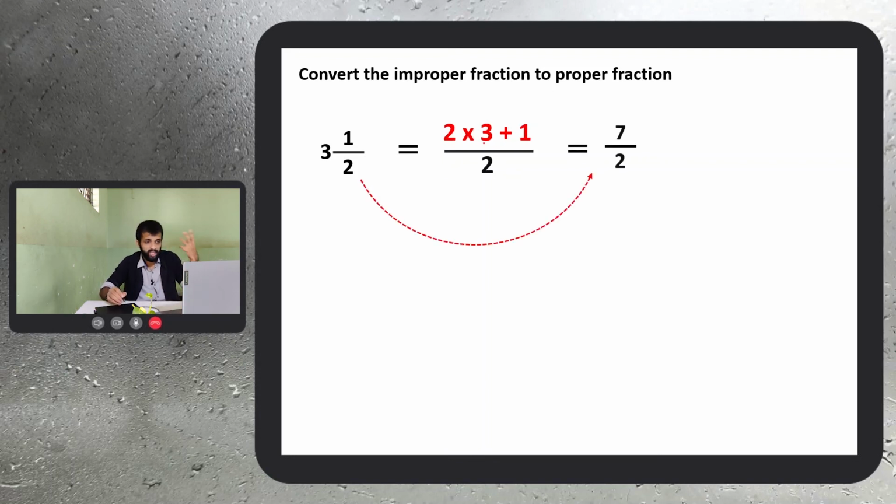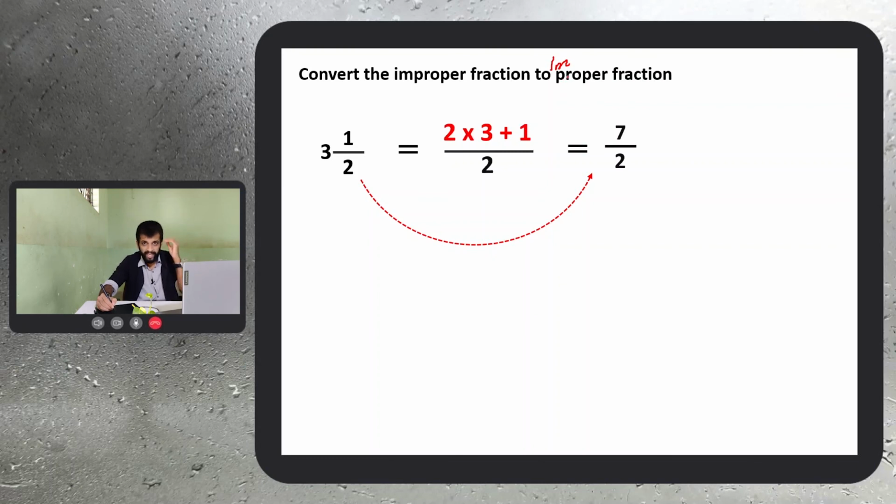I have converted a mixed fraction into an improper fraction.